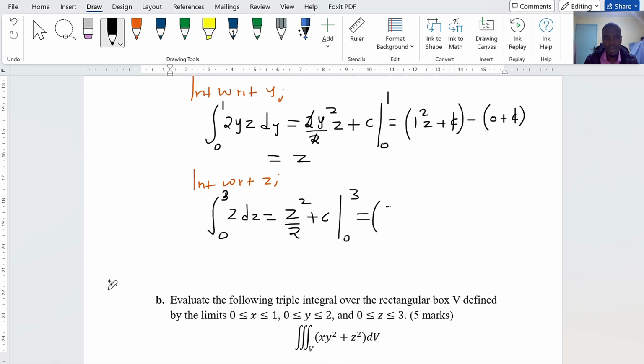Substitute the upper bound, 3 squared over 2 plus c, then minus the lower bound, 0 plus c. Again, c will cancel. If that happens, we are going to have 9 over 2, if you like, 4.5. That is how we are going to solve that.